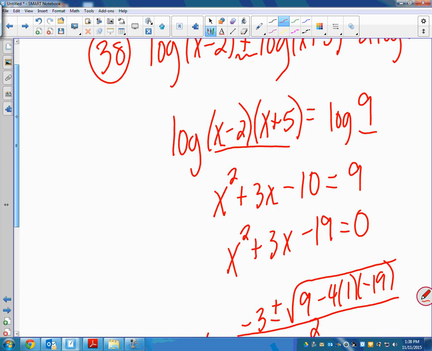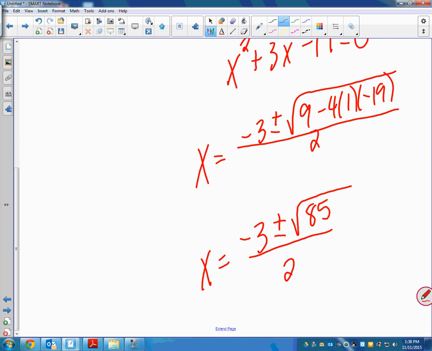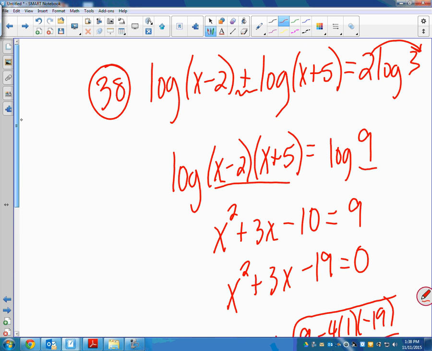What do you think? We can check. Negative 3 minus the square root of 85 divided by 2 was negative 12 something. It's like negative 6 something. Oh yeah, I shouldn't even have to check. If I have a negative number and I'm subtracting 2, it's going to be negative still. So you have to throw the negative out again.